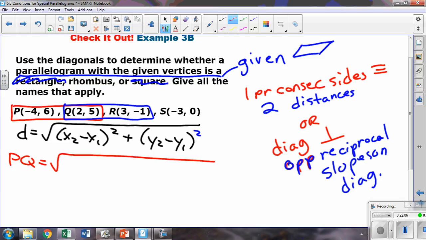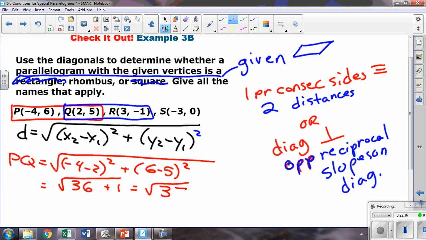Okay, so we had -4 subtract 2, and we had 6 subtract 5. Okay, so -4 subtract 2 equals -6. -6 quantity squared, 6 times 6 is 36. 6 subtract 5 is 1. 1 squared is 1. And so when we put this into the distance formula, that length would equal the square root of 37.